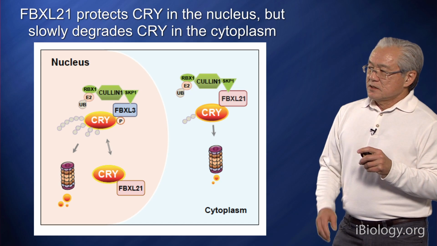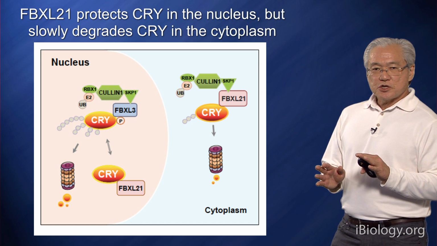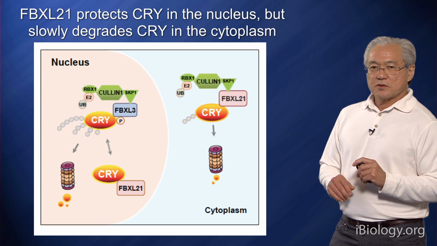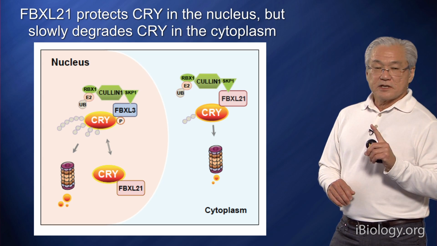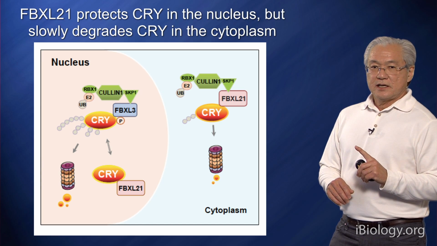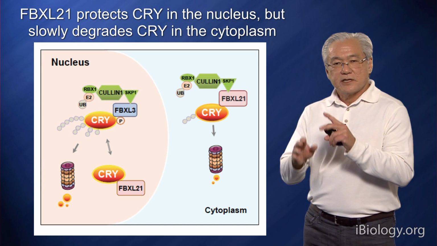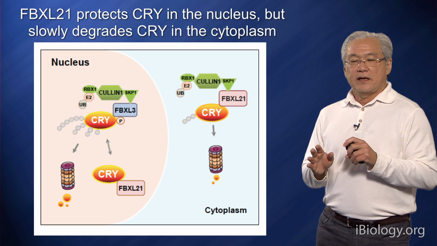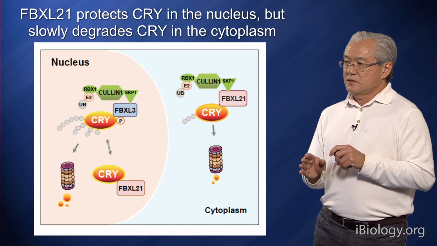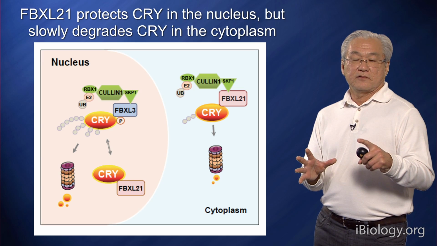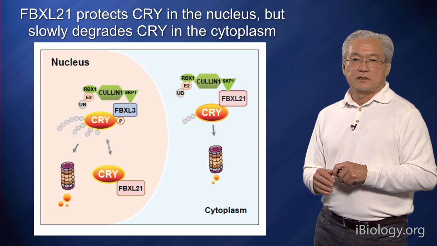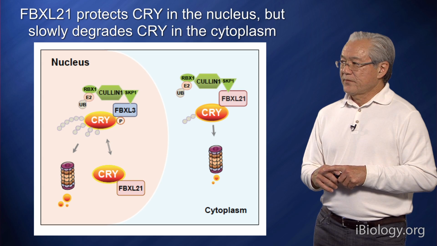So the discovery of these two mutations in related F-box proteins has, first of all, told us that the nucleus is very important in controlling the degradation of cry, and that the primary effect of these mutations on period length appears to act at the level of the nucleus, not the cytoplasm. So that was a little bit surprising.